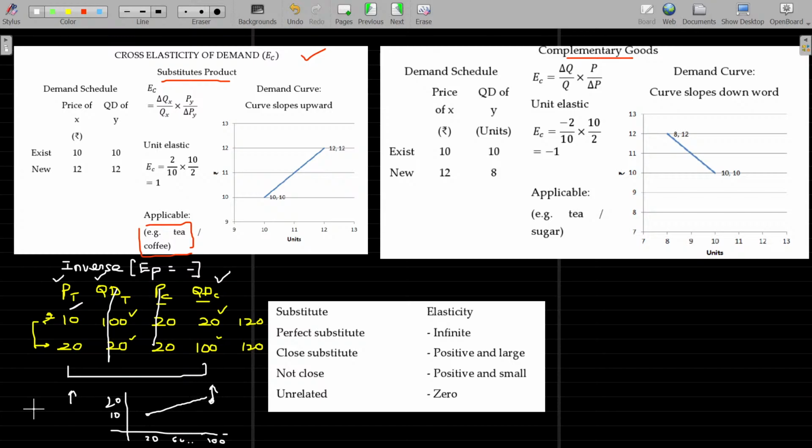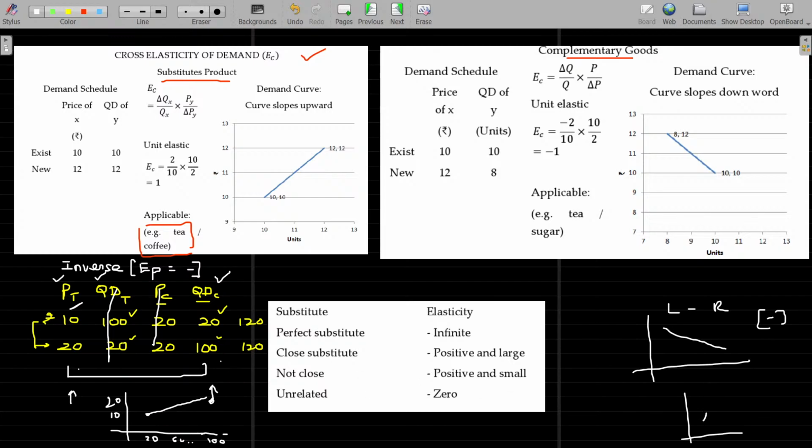Usually you might have studied that the demand curve slopes downward from left to right, because the relationship between the price and quantity demanded is inverse, negative. But in this case, the price of tea and the quantity demanded of coffee are not inversely related, but directly related.